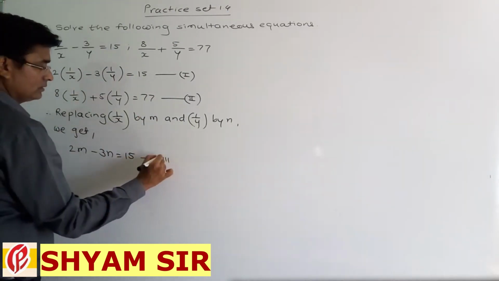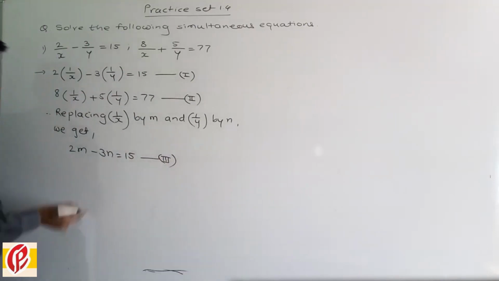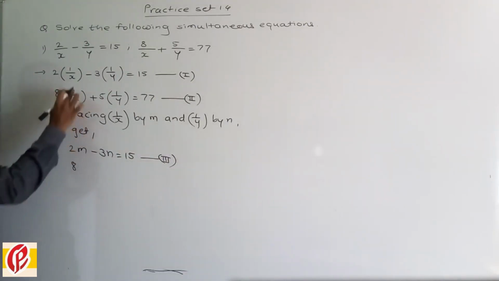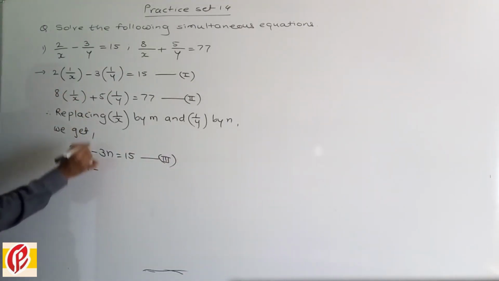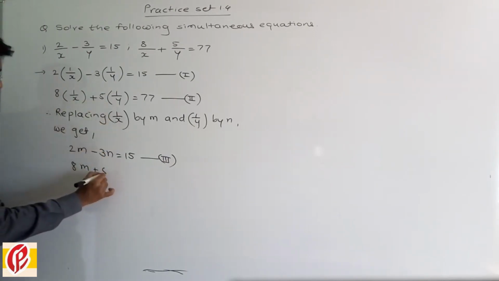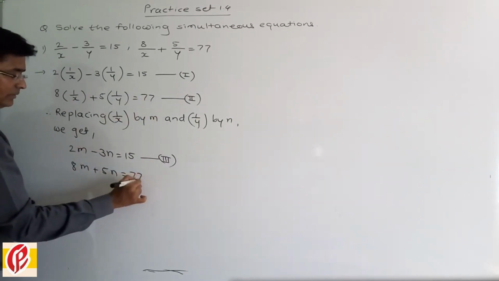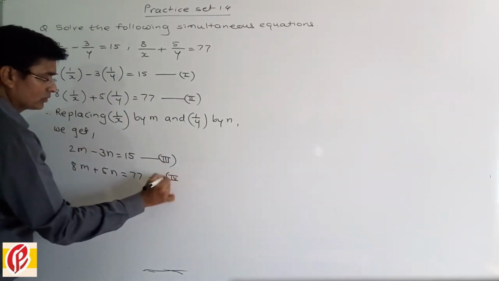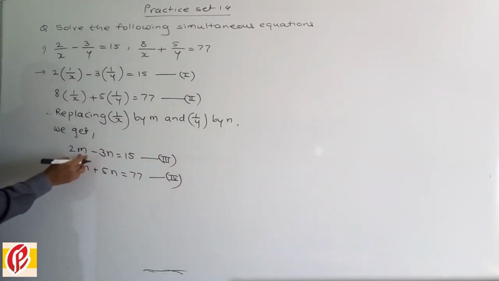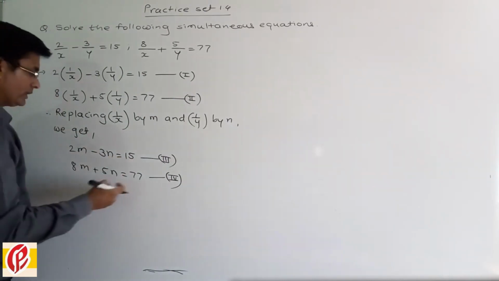This is the third equation. And then 8 times 1 upon x, means m, plus 5 times 1 upon y, means n, is equal to 77. This is the fourth equation. So you get here two linear equations in two variables.